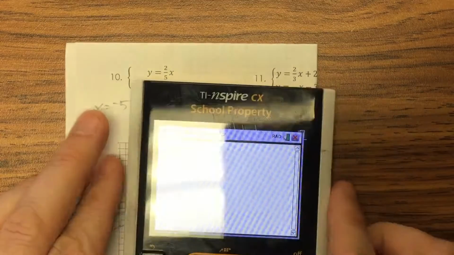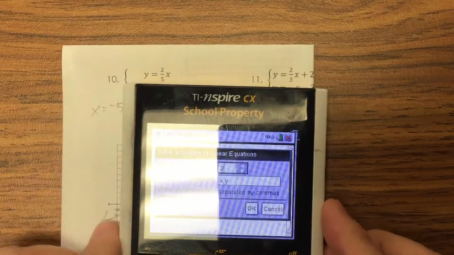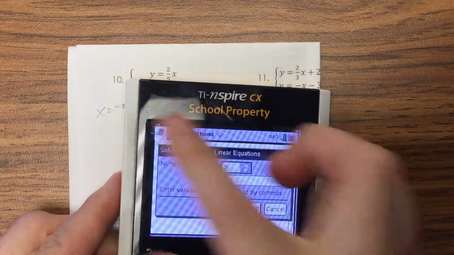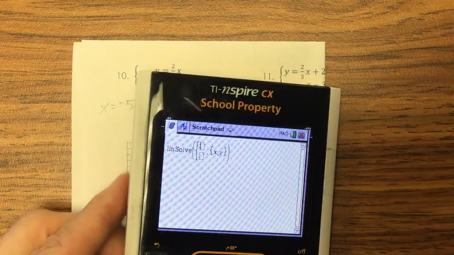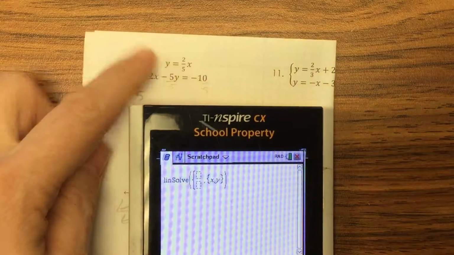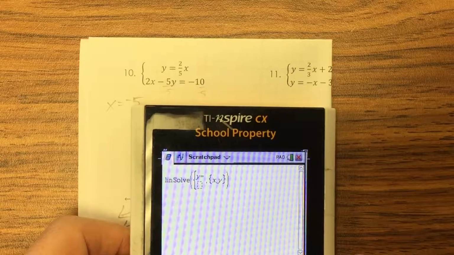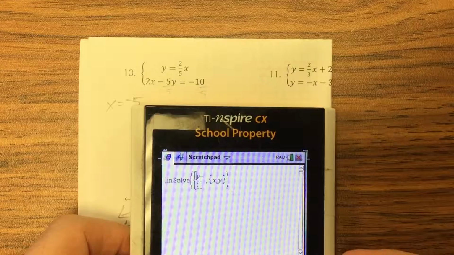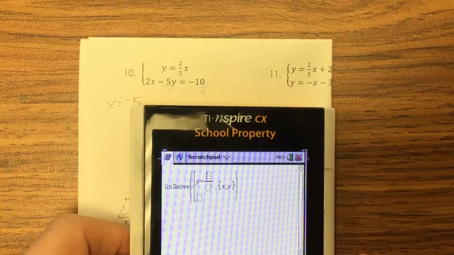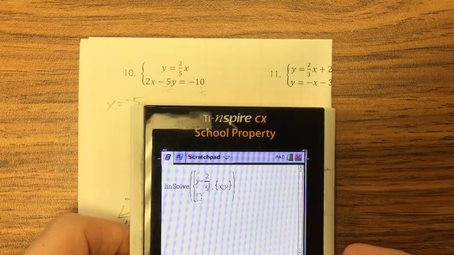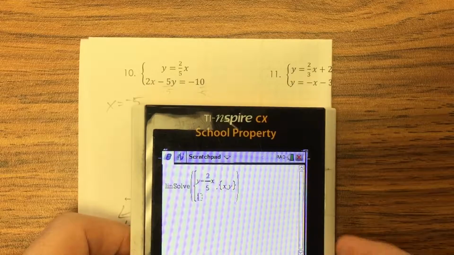I'm going to go ahead and type in menu 3.2, go to LIN-solve. I'm using x and y, so I can hit enter on this screen. I will type in y equals 2/5 x. My bad, control divide, and then 2/5 x. There's my first equation.